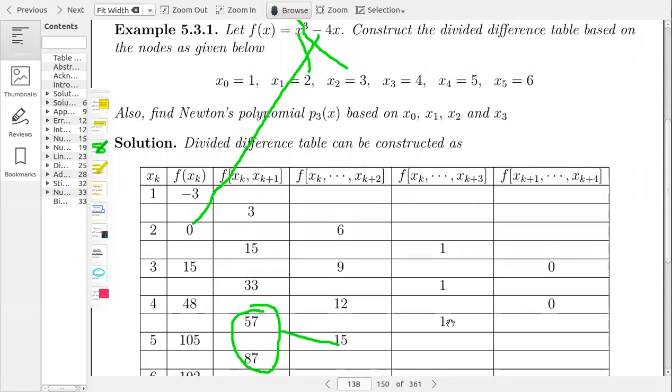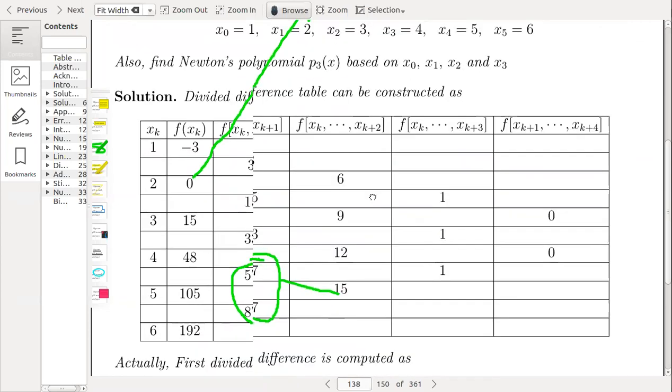Here we don't care about the denominator because 1 minus 1 is 0, and 1 minus 1 is 0, and we can stop here because the next divided difference is again 0. So we don't even need to calculate it, but if you want, you can. So this is the 0th, first, second, third, and fourth.